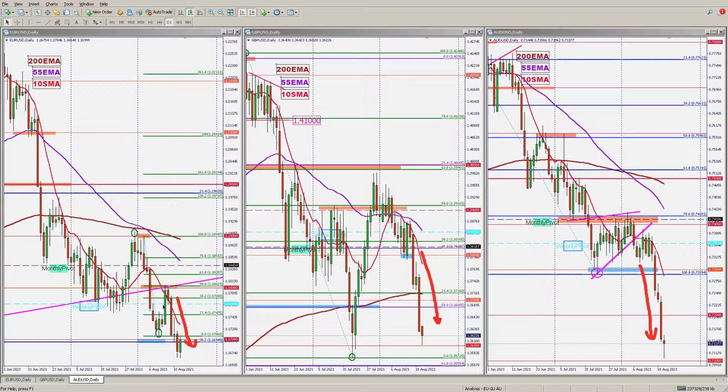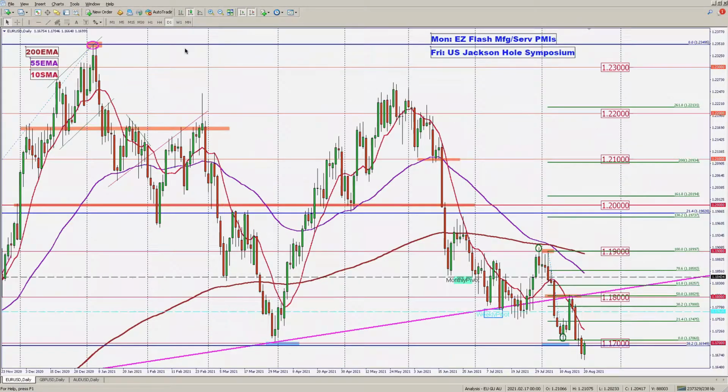So, which means when we take a look at the US dollar index, see it climbing up and breaking through key resistance, which is why all these three fell in concert. And that was starting on the Tuesday. So let's take a look at the Euro first.